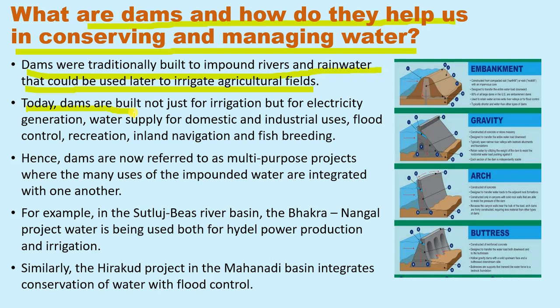Today dams are built not just for irrigation, but for electricity generation, water supply for domestic and industrial uses, flood control, recreation, inland navigation, and fish breeding. So a number of purposes are attached to these dam projects.